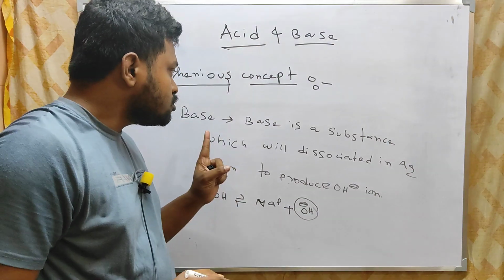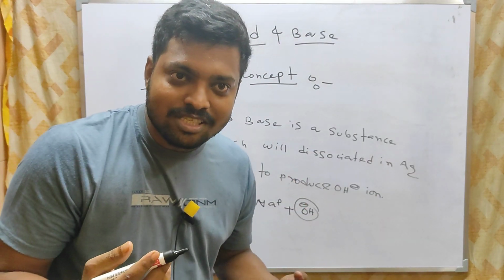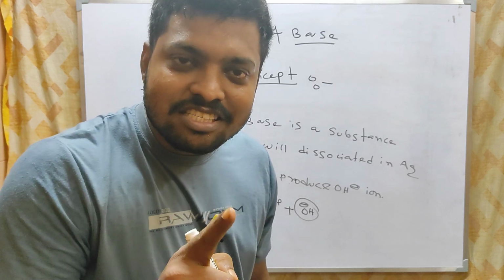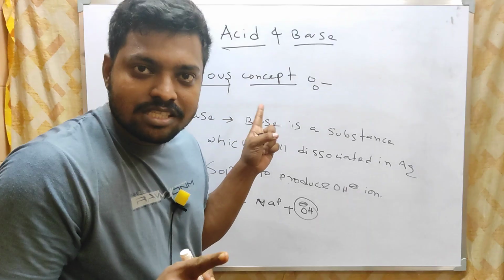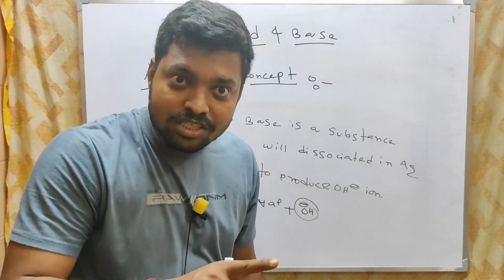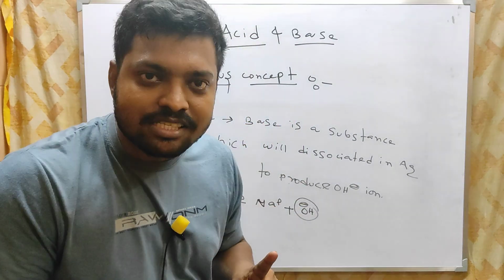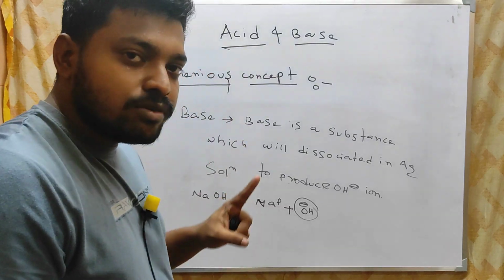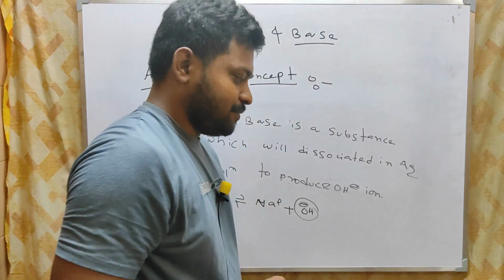Okay. So now we will discuss another concept of acid and bases. What is the concept? This is the Bronsted-Lowry concept. At first we discussed the Arrhenius concept. Now we will discuss the Bronsted-Lowry concept. It is a different concept than Arrhenius.